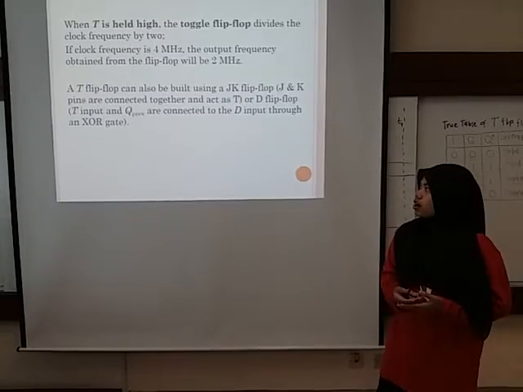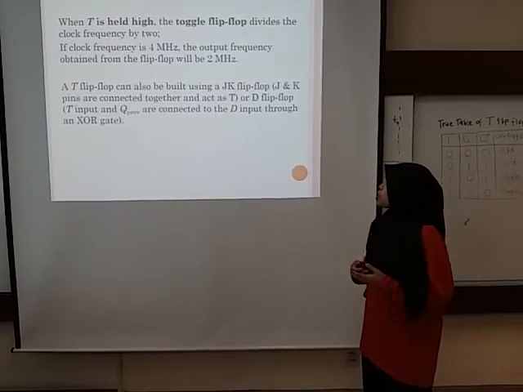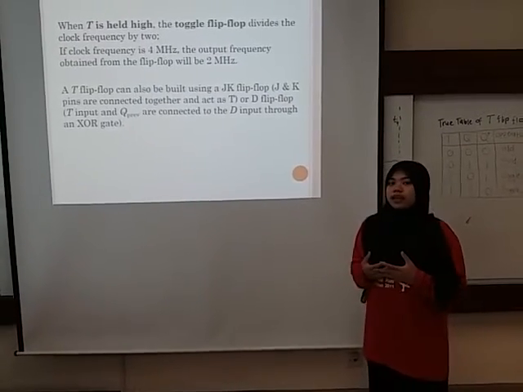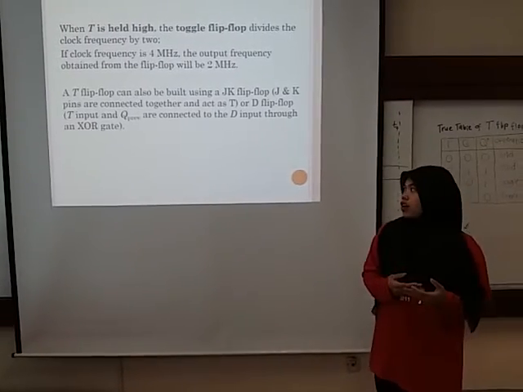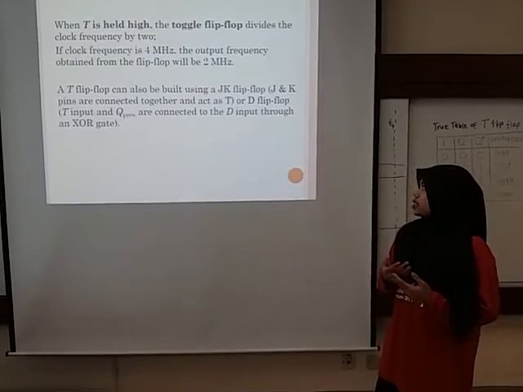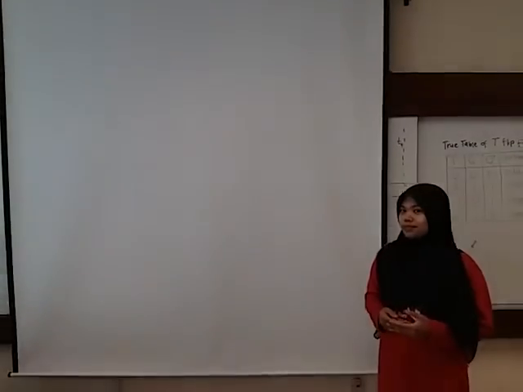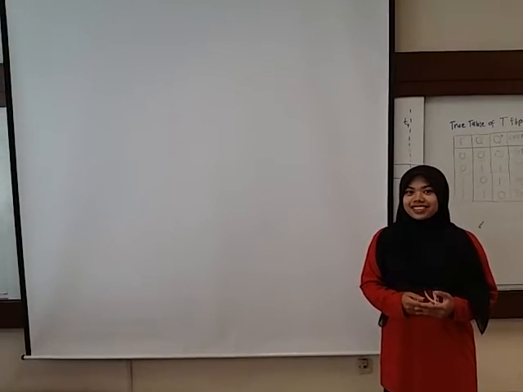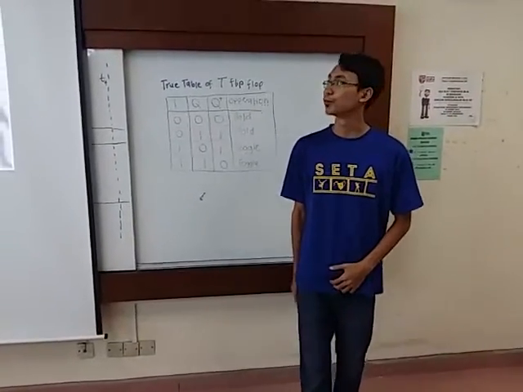A T flip-flop also can be built using a JK flip-flop, where the J and K pins are connected together and act as T. It also can be built using a D flip-flop, where the T input and Q are connected to the D input through an XOR gate. That's all. Thank you.